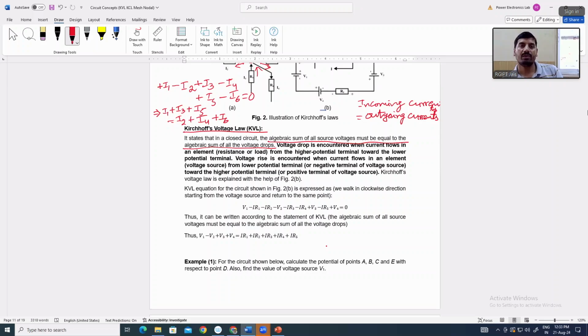It will be applied in a loop. You know that KCL is applied at the node, KVL will be applied in a loop. In a loop, if there are some sources, the algebraic sum of all sources will be equal to the algebraic sum of the voltage drops across elements.